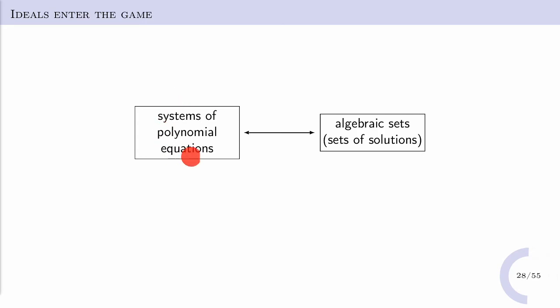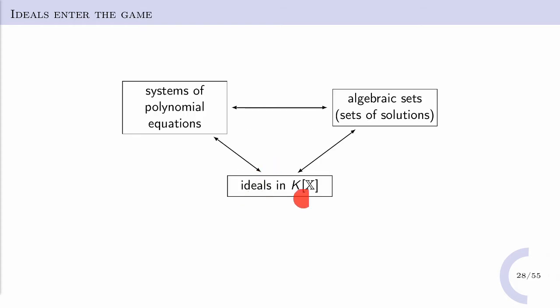We start at a system of polynomial equations. We want to arrive here, at a set of solutions, but it turns out that the direct route is not the simplest one. We need, as I said, to introduce an intermediate agent. So instead of going from here to here, we'll go from here to here and from here to here.